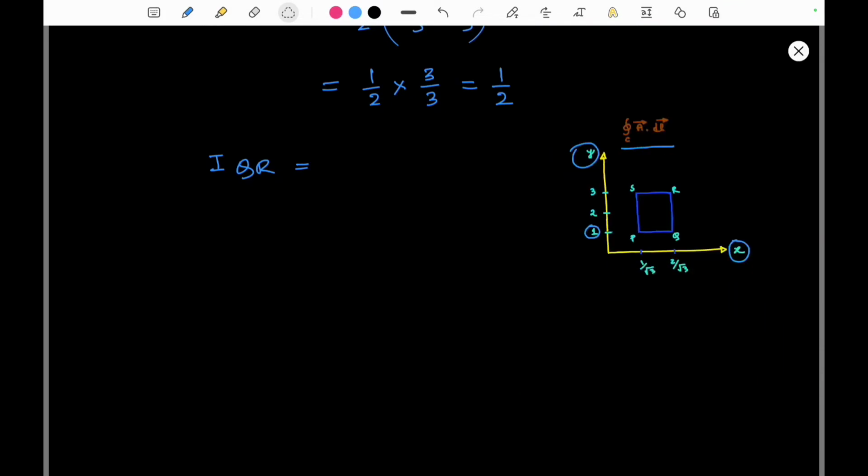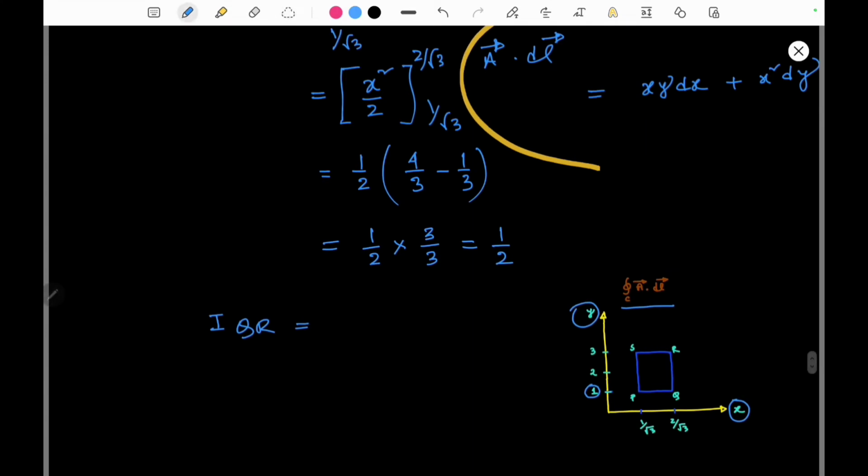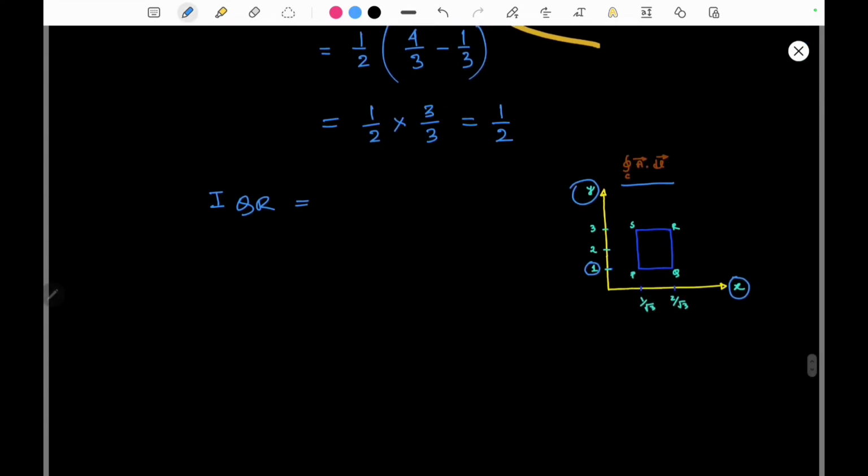Now throughout this QR line we can write integration Q to R, this A vector dot dl vector.